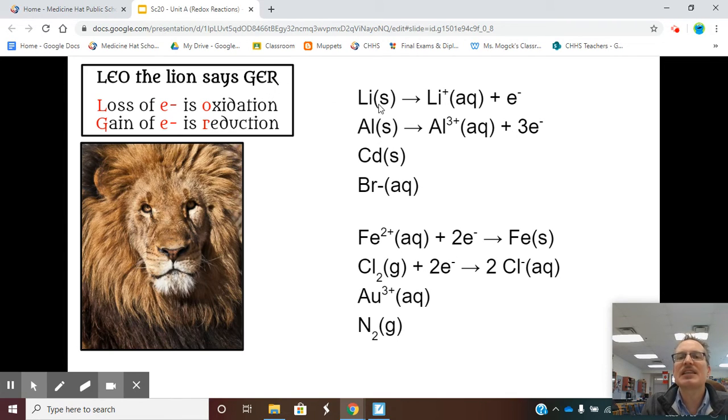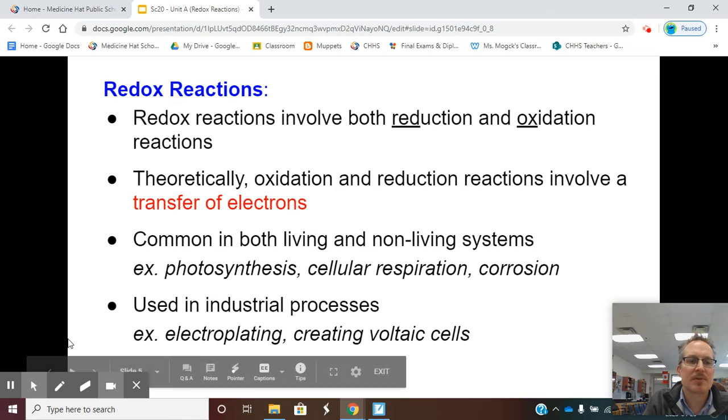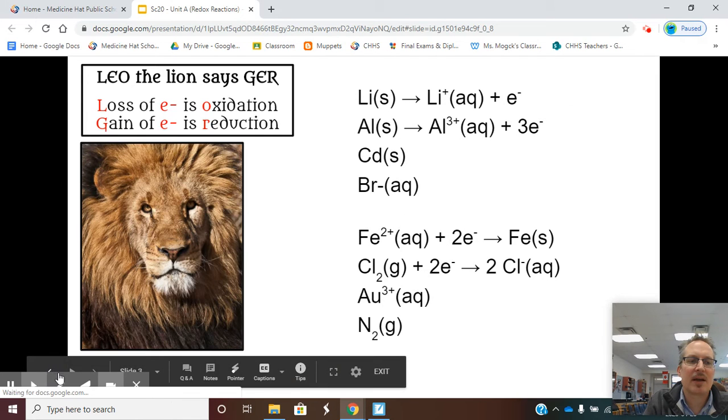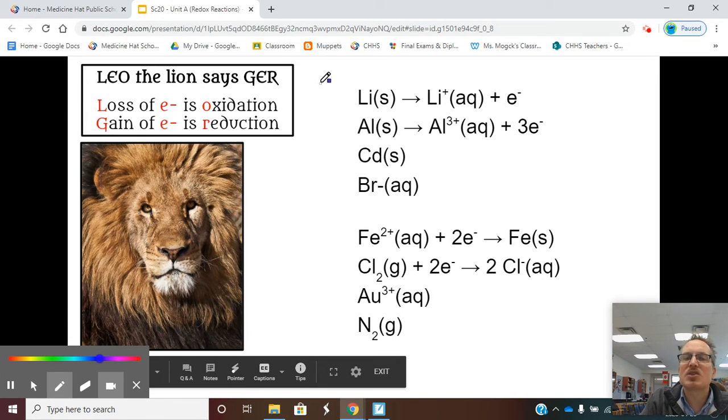So let's take a look at this first example. I have a lithium atom going to a lithium ion plus an electron. Notice, an electron is leaving the reaction. Therefore, it is losing electrons. This example is going to be oxidation.